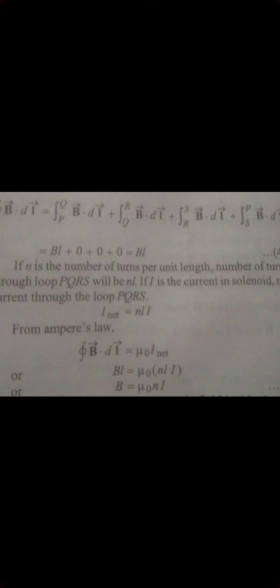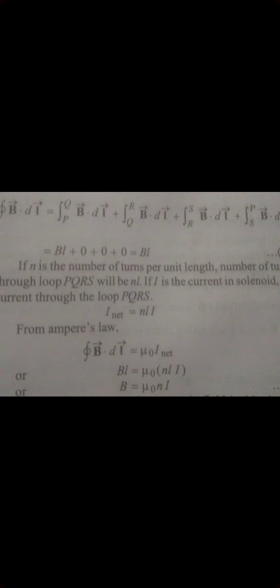If we consider a long solenoid, then its length is very large as compared to its radius in practice. So the same expression of magnetic field is used for a long solenoid as for a solenoid of infinite length.